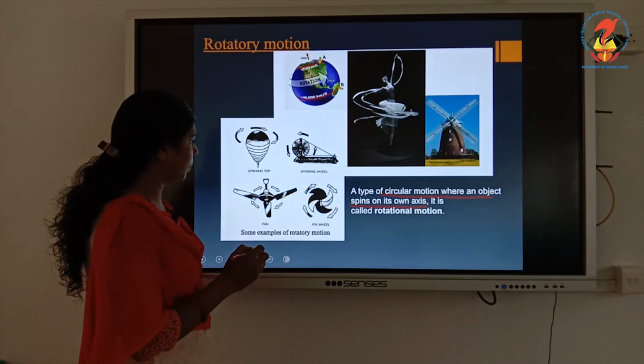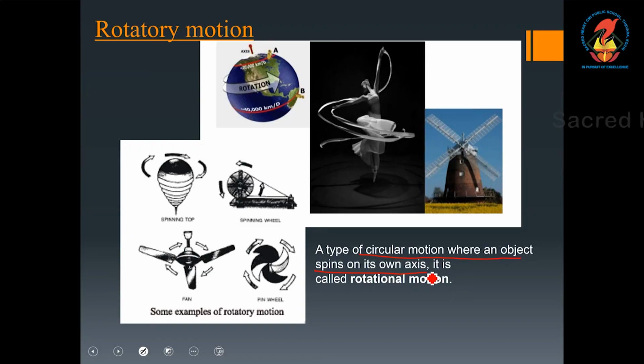Suppose you mark a point here, and this is the center. This distance will remain the same. When it rotates, the distance between this point and the center will not change.